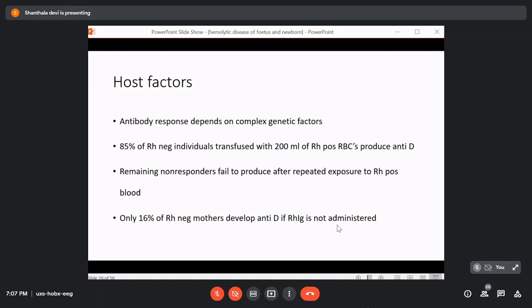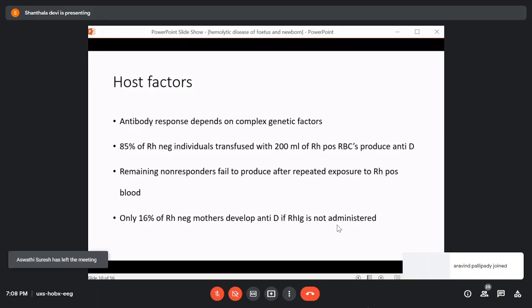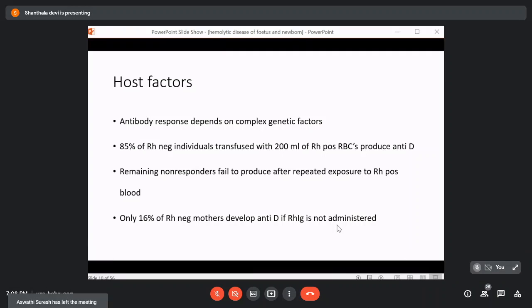The host factors. The antibody response depends on complex genetic factors. When Rh negative individuals were transfused with 200 ml of Rh positive RBCs, only around 85% of them produced anti-D. The remaining people were non-responders and failed to produce anti-D in spite of repeated exposure to Rh positive blood.